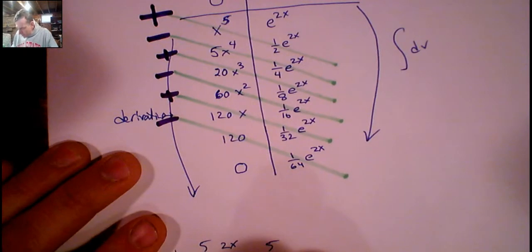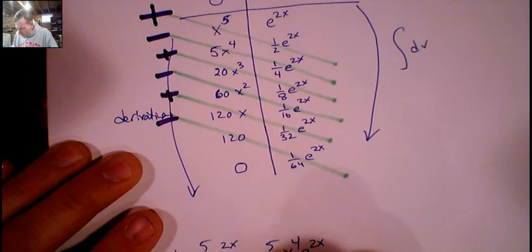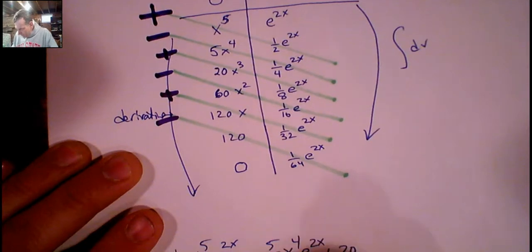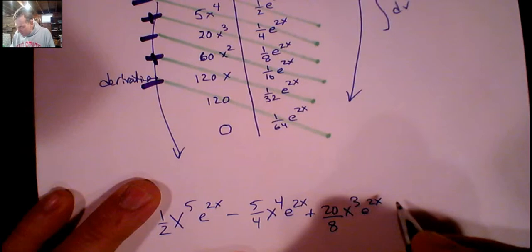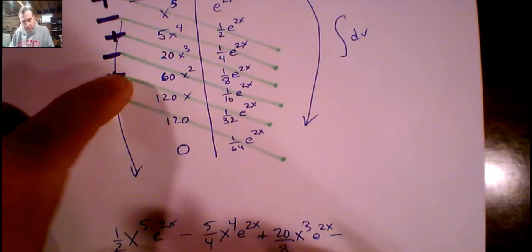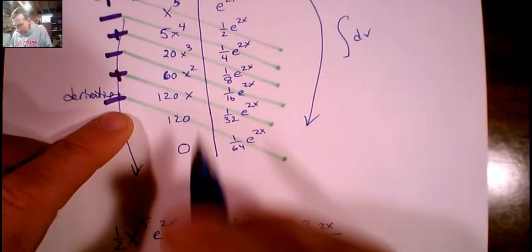e to the 2x, and then 20 over 8. Sorry, I'm combining these things. So you have 20 times 1/8. I probably should have simplified that. x cubed e to the 2x. And the next one's minus 60. Just make sure if any of these are minus in here, then that might make a double negative. So just be really careful.